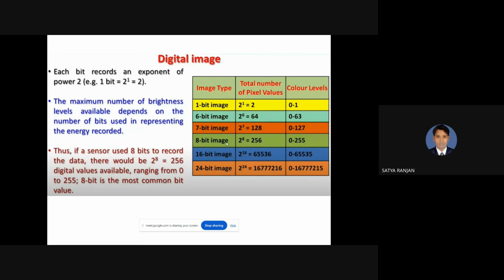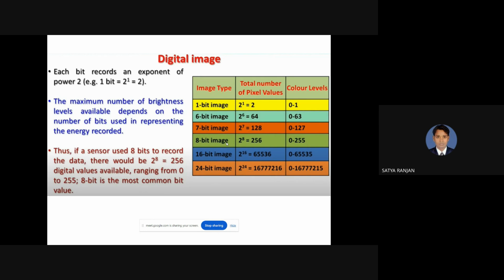So generally, we see satellite images as 8-bit images, and some images are 16-bit. Between these 8-bit and 16-bit, we can find all these satellite images. In our previous satellite image, it is an 8-bit image, so it shows brightness values from 0 to 255.